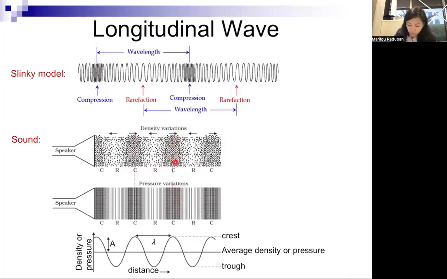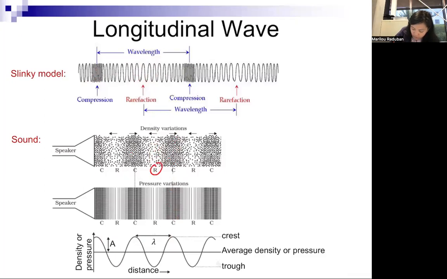So those regions of compression, high density and high pressure, they correspond to the crest of the wave. If you draw the wave as the sinusoidal graph, the regions of compression will correspond to the crest, and the regions of rarefaction, where the slinky is sort of stretched out, correspond to the regions of lower density, in the air column, for example.